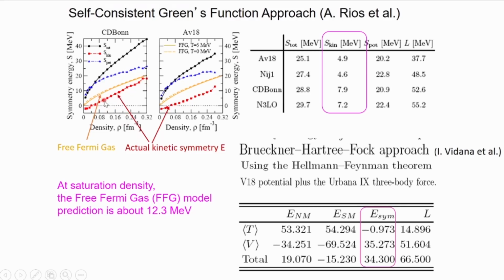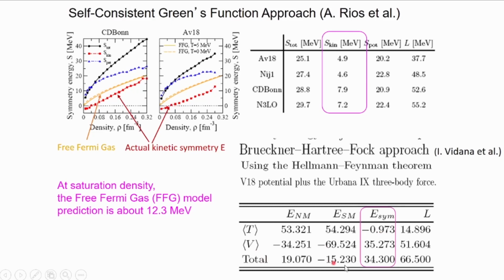In this calculation, the results depend on the interaction you use, as we can understand. The kinetic symmetry energy gets significantly reduced compared to the 12.3 MeV that we normally use, as written in many of the textbooks. In the Brueckner-Hartree-Fock, as I mentioned, the kinetic symmetry energy at normal density is about -1 MeV.